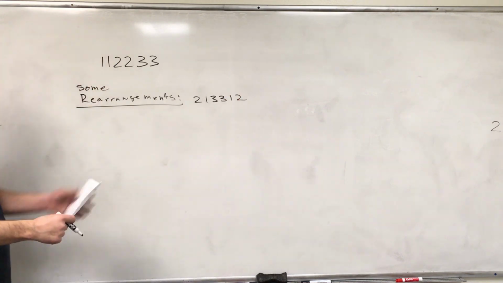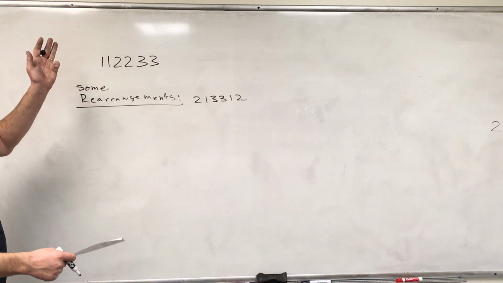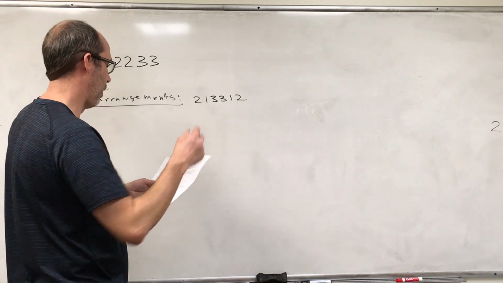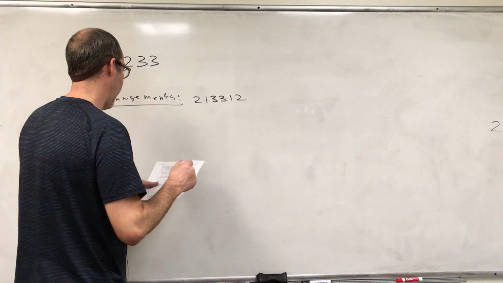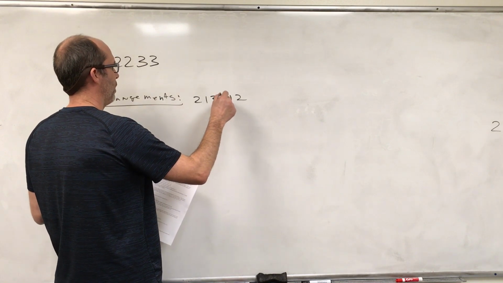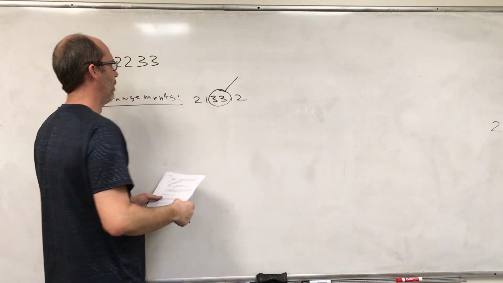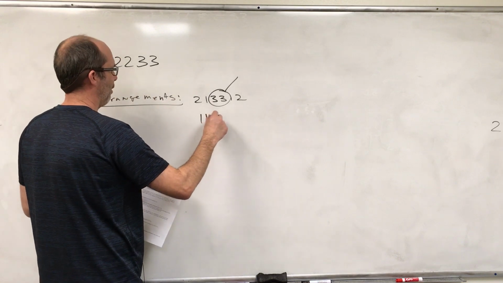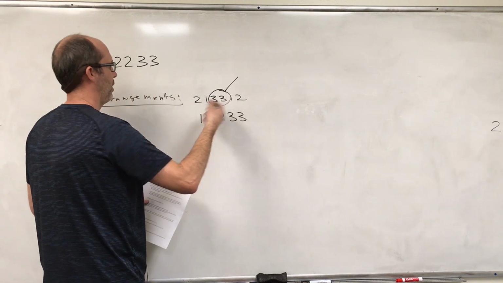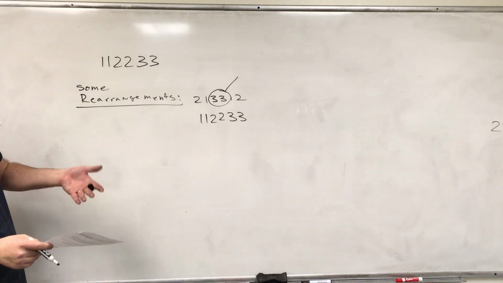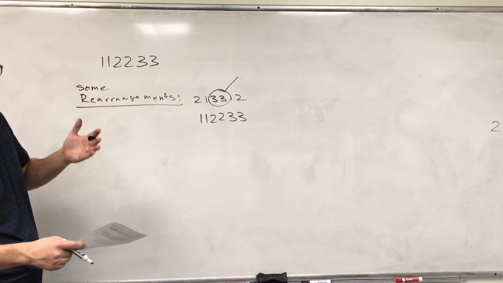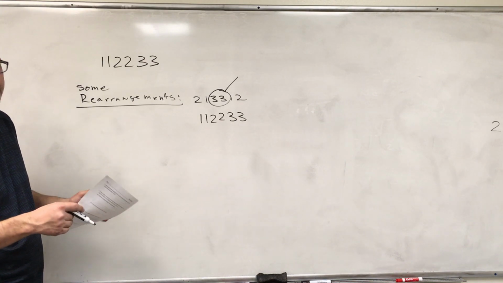This is a rearrangement of that string, and notice that this one does contain at least 2 consecutive equal digits. A rearrangement of this thing is itself. I know it seems weird that we consider a rearrangement of that to be itself, but it is a rearrangement. It's a really boring rearrangement.